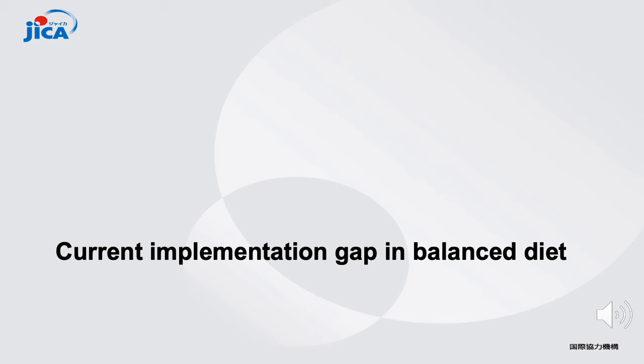Okay, in the previous slide, we have learned how to design complementary feeding to fill the nutrition demand of children. However, do you think is it really possible to implement this method in rural households in developing countries? I think it's not really practical.